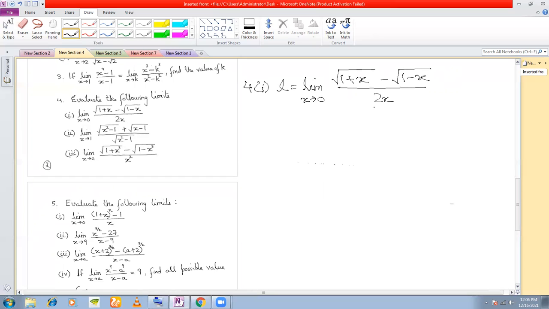In this limit, if you put x is equal to 0 directly, again you are getting denominator equal to 0, an indeterminate form. So to bring this to a determinate form, what you do is you rationalize the numerator. Okay, so you multiply the numerator and denominator by root 1 plus x plus root 1 minus x.